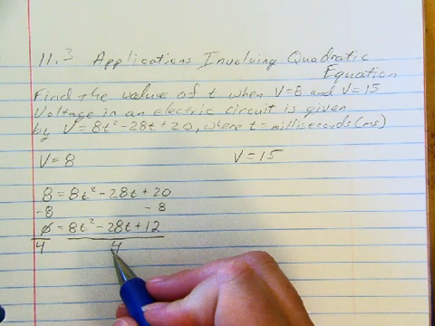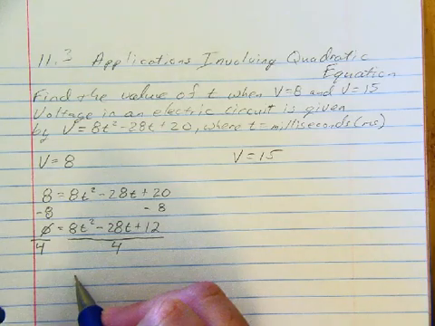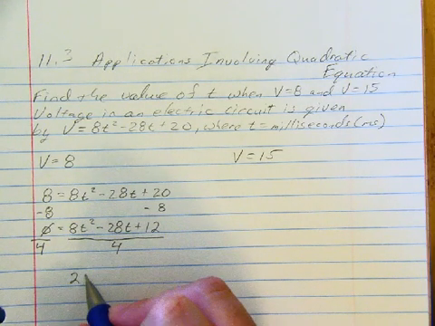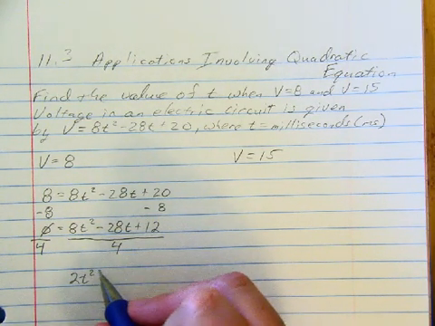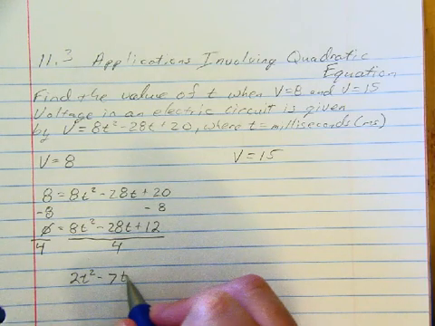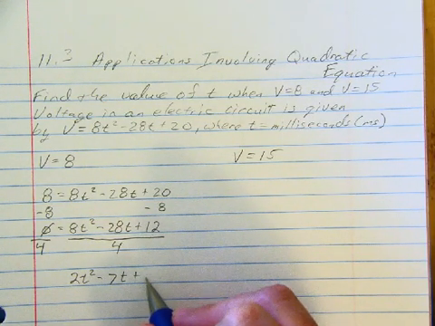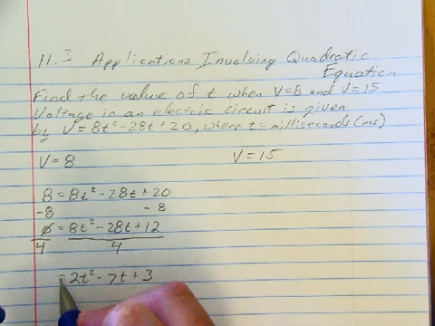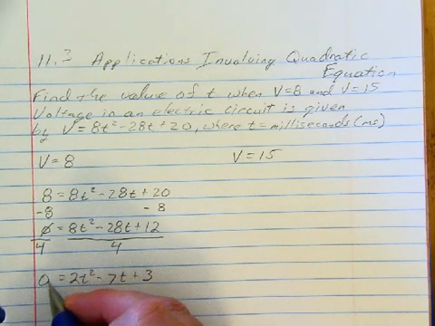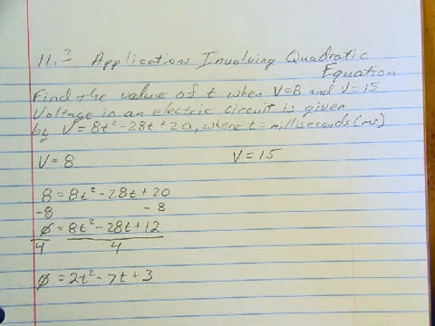So I'm going to take a 4, so that's going to leave me with 2t squared minus 7t plus 3 equals 0 over 4 is still going to give me 0. Okay, so we have this simplified just a little bit, makes it a little easier to work with.